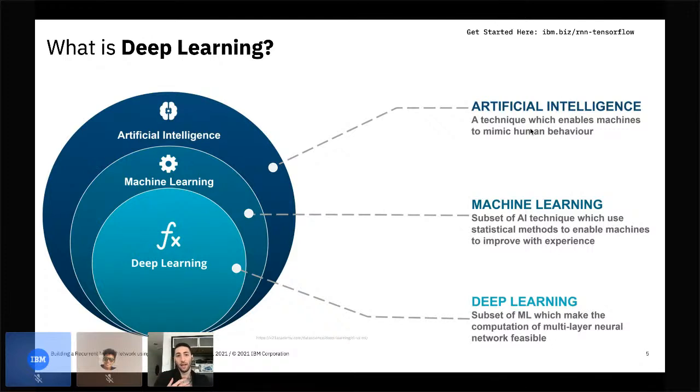But to do that, AI needs machine learning, which is a subset of AI that uses statistics and mathematics to enable machines to improve with experience. Now, deep learning is a subset of machine learning, which makes computation of multi-layer neural networks feasible and solves many more computational problems. These days it is being used everywhere in all different kinds of industries. The point is that deep learning is a very specific field that we use within machine learning.